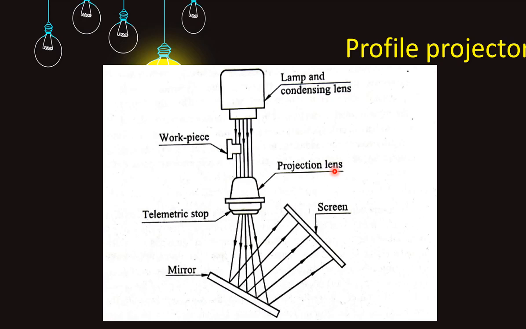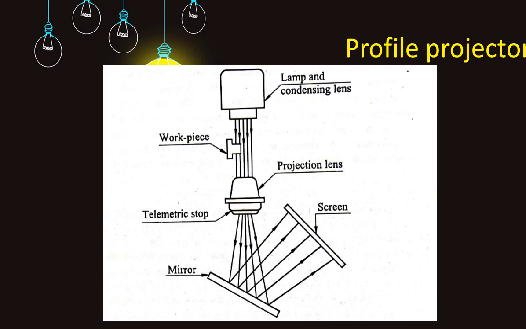The projection lens magnifies the image, which falls on a highly polished mirror fixed at an angle. This one is the highly polished mirror that is fixed at an angle. The reflected light beam carrying the image of the workpiece now falls on a transparent screen. This one is the transparent screen.